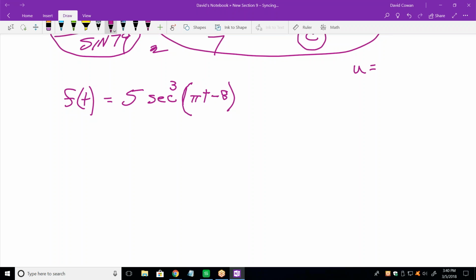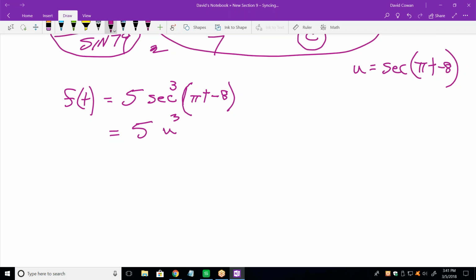In other words, you started me off with a really hard one here, okay? Which is fine. But it's just two applications of the chain rule. The first inside is actually secant of pi t minus 8. The reason is that what we really want is 5u cubed, right?